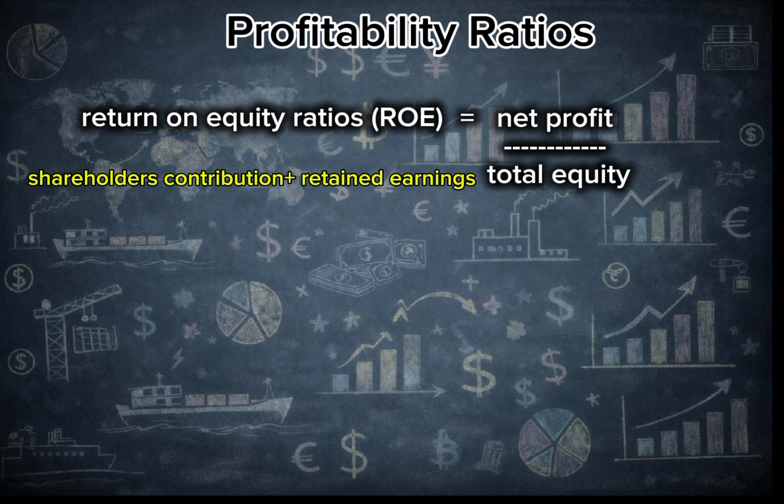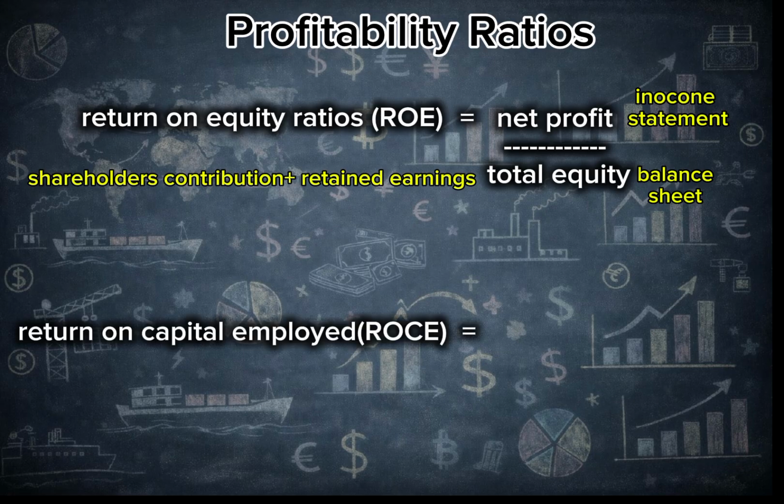The net profit can be gotten from the income statement, while the total equity figures will be gotten from what? The balance sheet, from the liability side of the balance sheet. In our next topic, we will really practicalize all these things I'm talking about. I just want us to understand it for now.